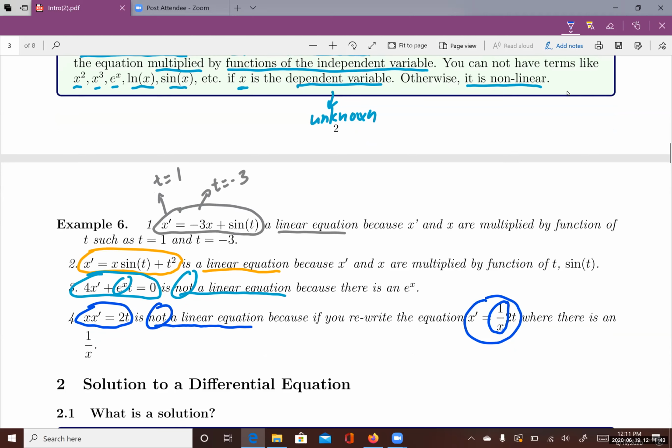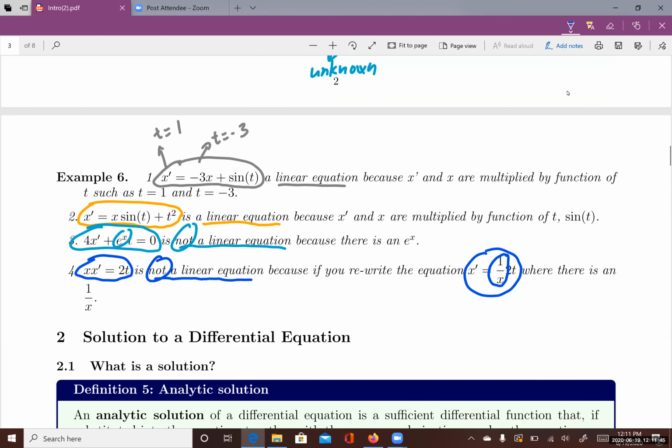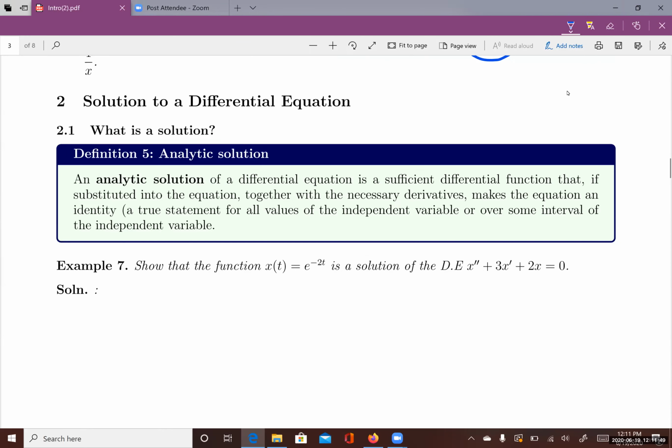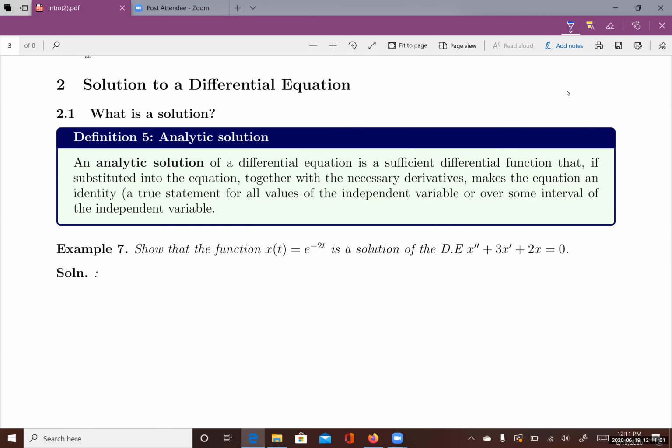That means this equation is not a linear equation. All right. Now we can talk about solutions to a differential equation. First, what is a solution? An analytic solution of a differential equation is a function that has the derivatives, right?